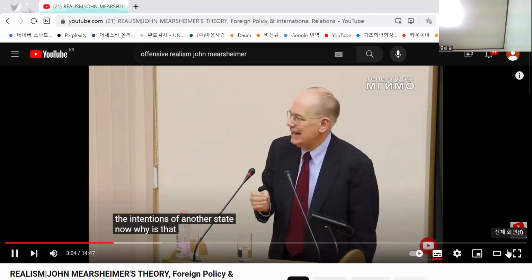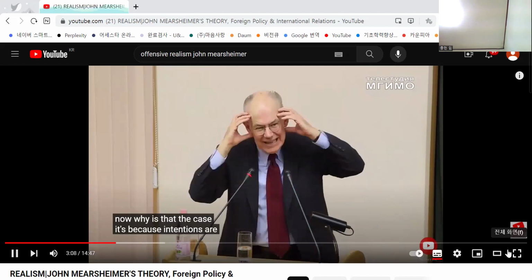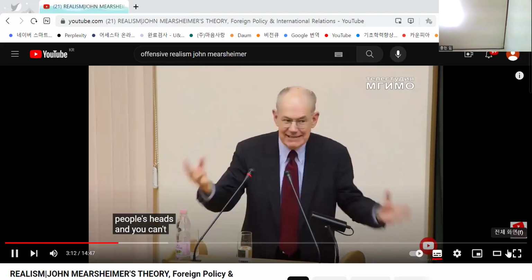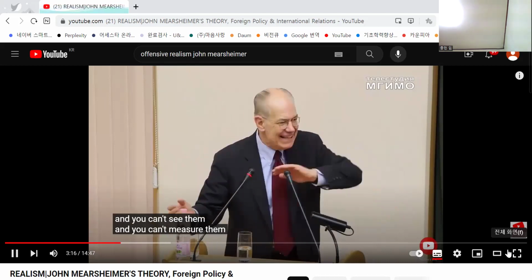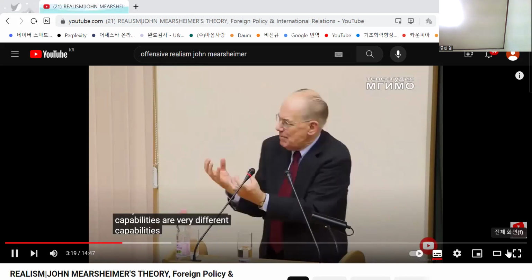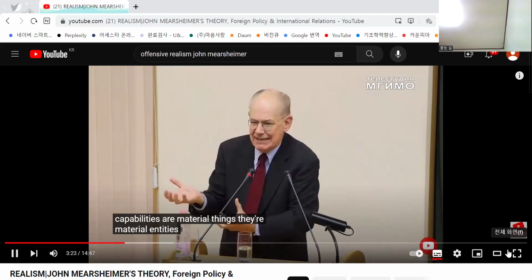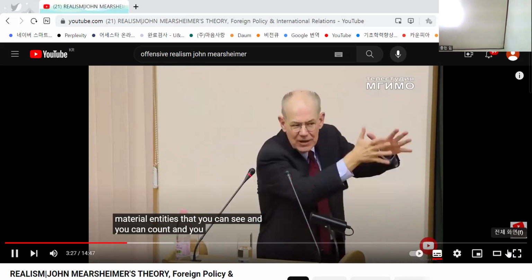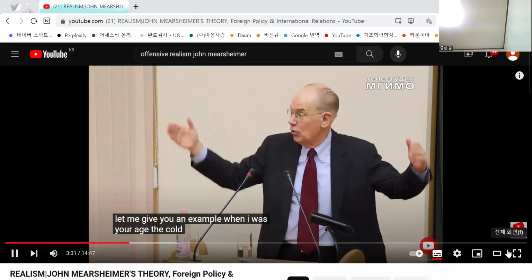Now, why is that the case? It's because intentions are inside people's heads, and you can't see them, and you can't measure them. Capabilities are very different. Capabilities are material things. They're material entities that you can see, and you can count, and you can assess. Let me give you an example. When I was your age, the Cold War was going on.